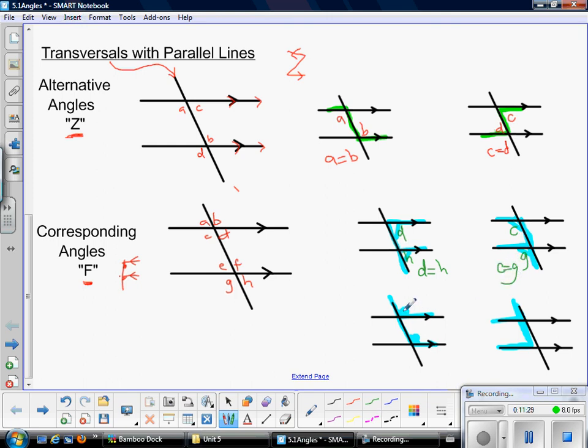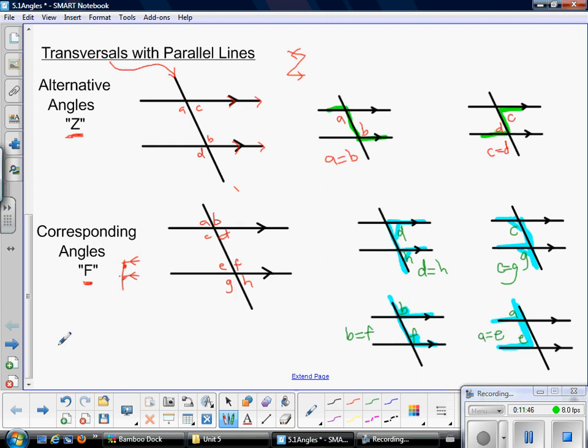And if we look here, we have B and F are equal to each other. And finally, the last F, we have A and E are equal to each other.